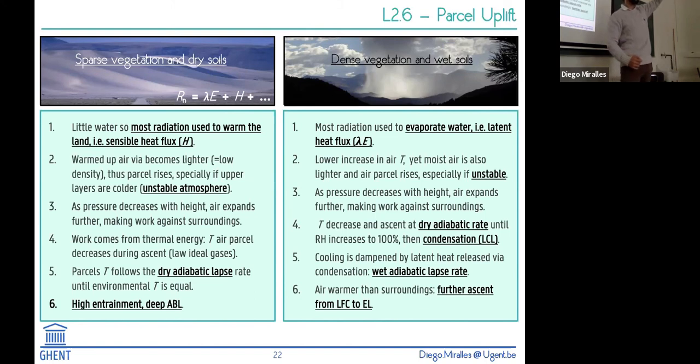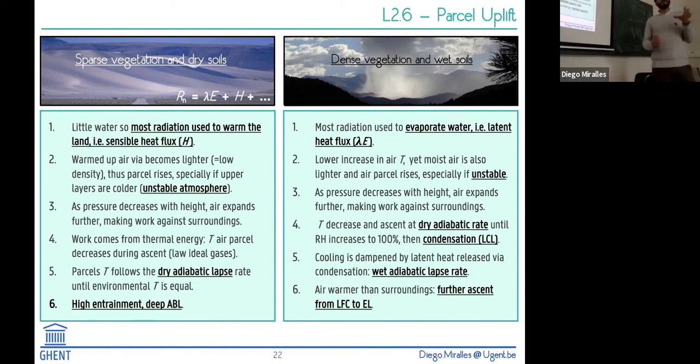After that, it moves up but loses temperature less steeply than before, because it's releasing the energy of condensation. So it cools down less than it would have through the dry adiabatic lapse rate. In that case, of course, you have clouds forming, rainfall, and so on.